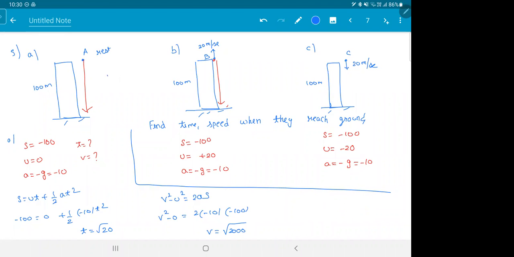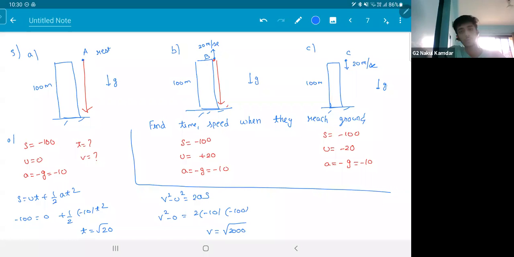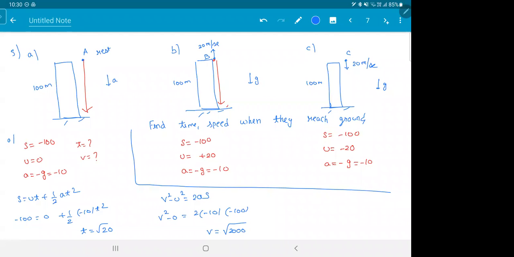Because acceleration is down. Anything that is pointing down is negative. Got it? I can also write it like this: 10 meter per second square downward. Instead of writing 10, I'm writing g. Nothing much.